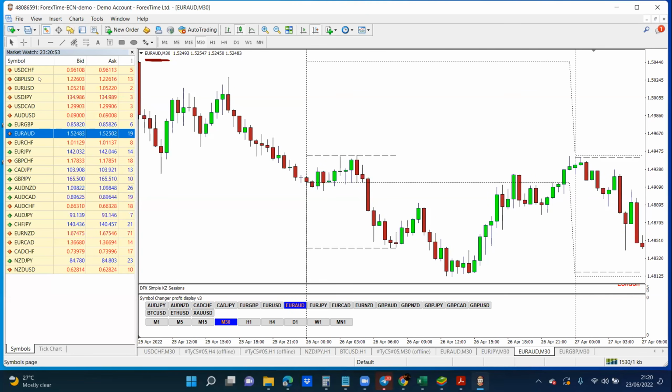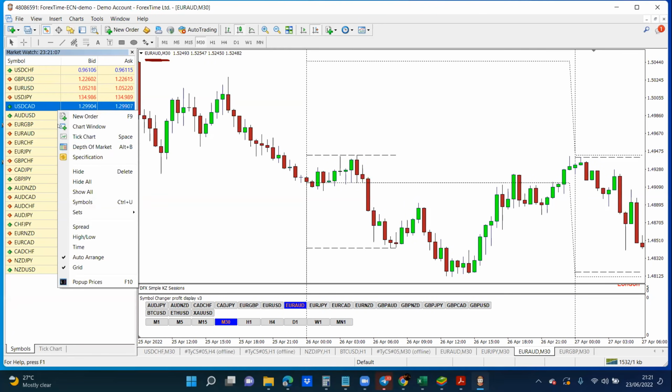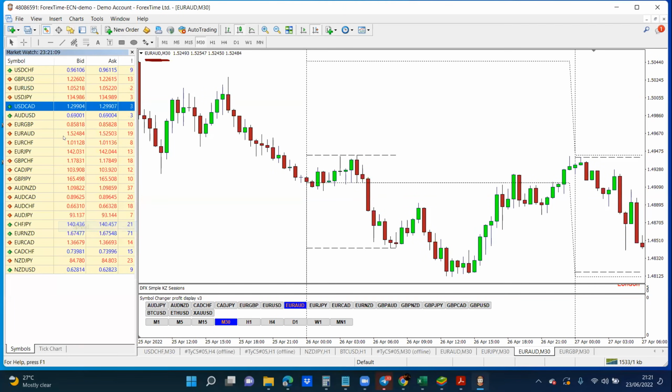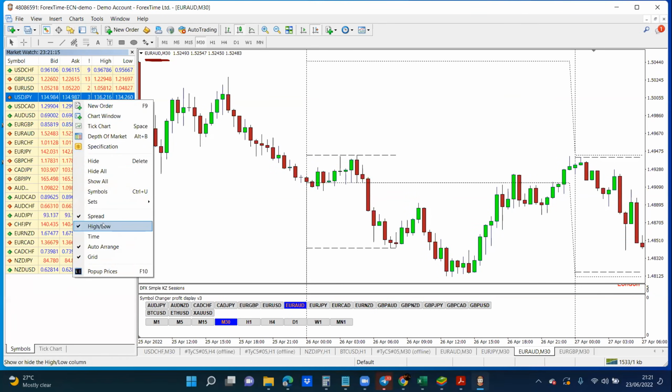Same thing here, just like we did on the mobile device, where we clicked for like 2 seconds, then went to simple or advanced. Same thing here, I can click here and remove my spread, it disappears, and I can add back my spread. I can add my high and low. You see, it gives me my high and low, but all of those things are not needed. So I take out my high and low.